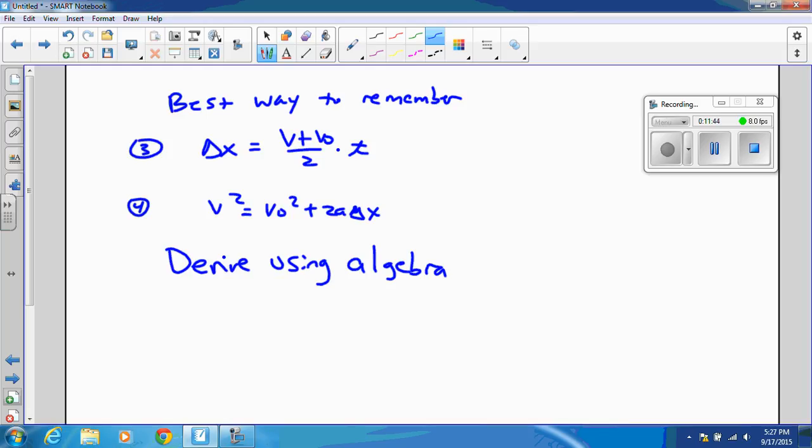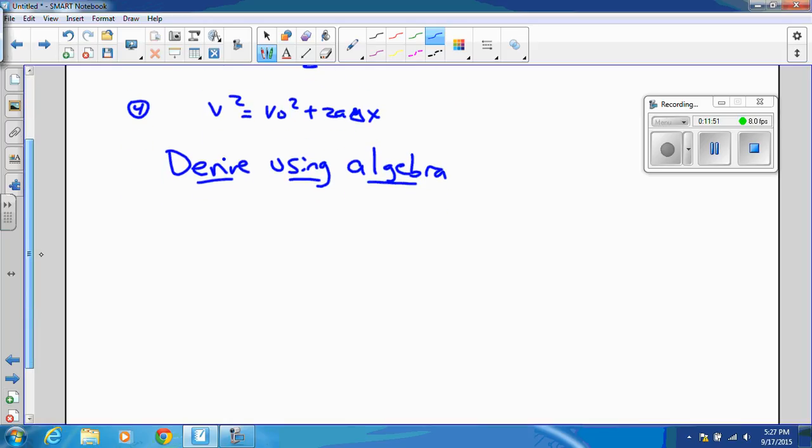That way, if you forget them, you can figure them out again. And if you don't forget them, then great. Derive them using algebra. And I'll just go back and review how that derivation goes.